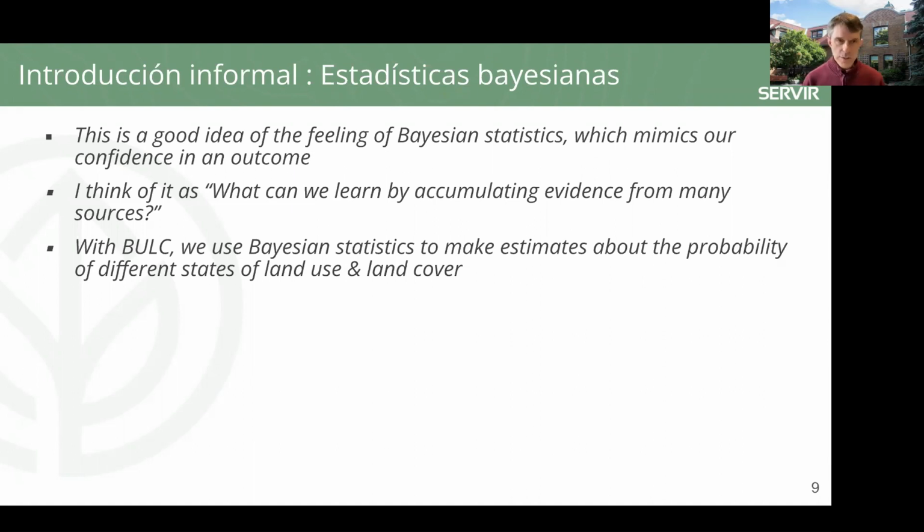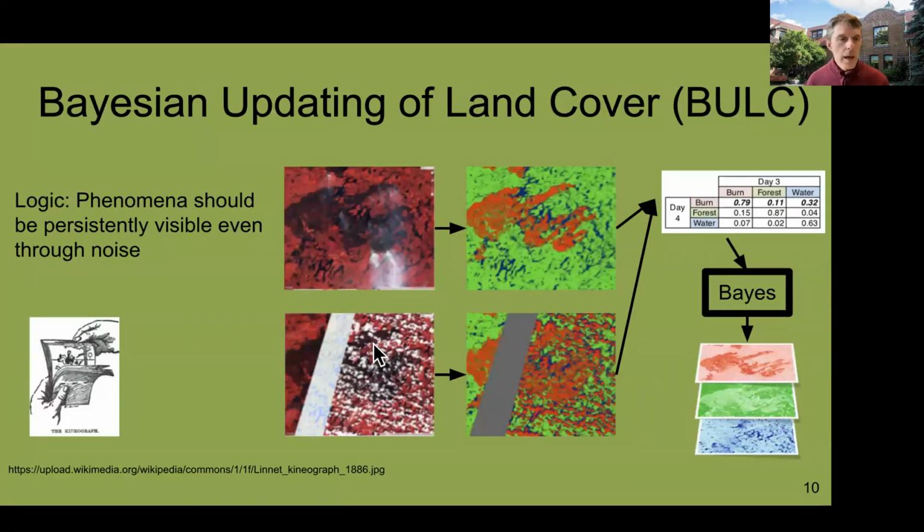And so with BULC, which stands for Bayesian Updating of Land Cover, we use Bayesian stats in order to make estimates about the probability of different states of land use and land cover. And so this slide shows over in the lower left, you may remember from being a little kid, there are little series of flip books with little pictures on them.